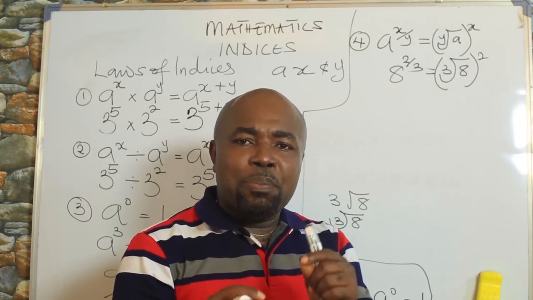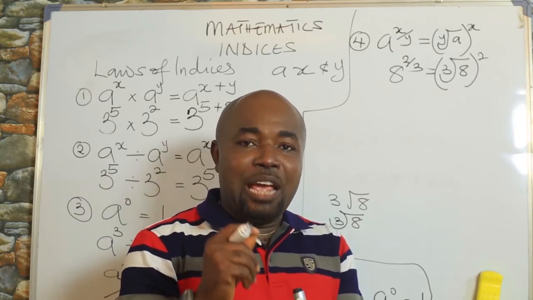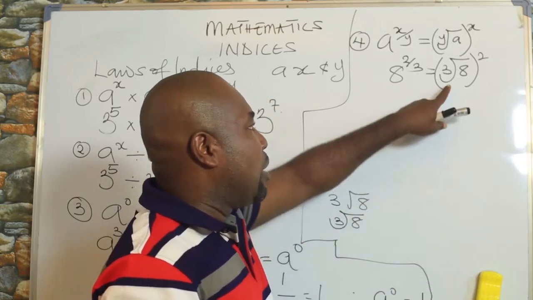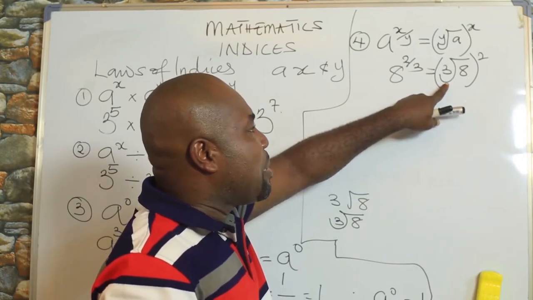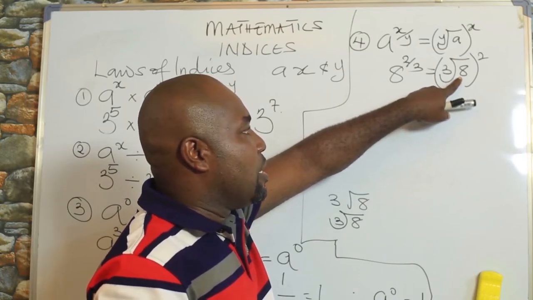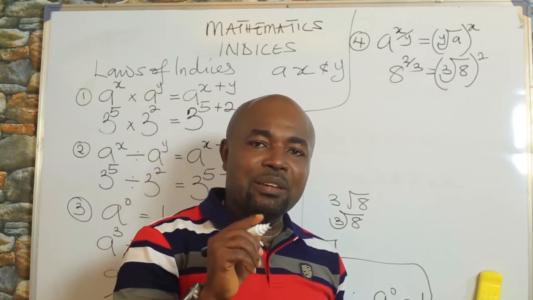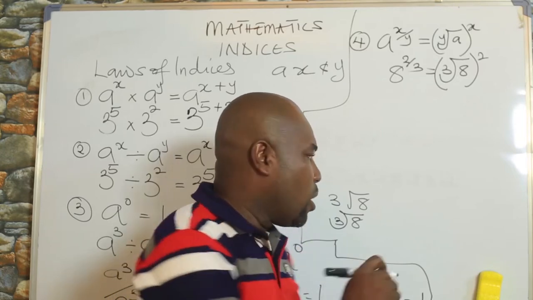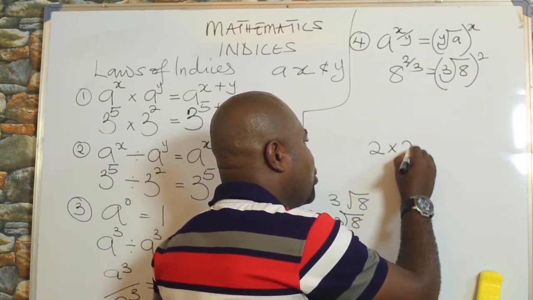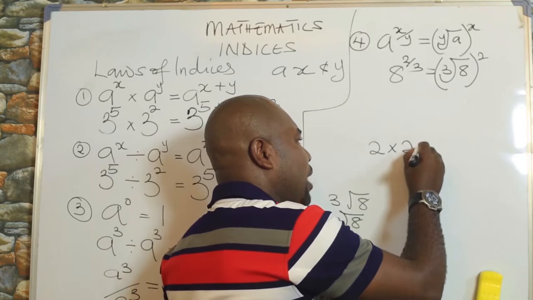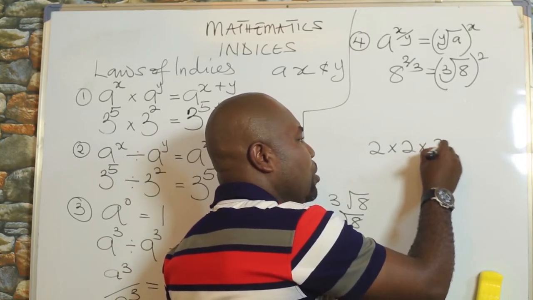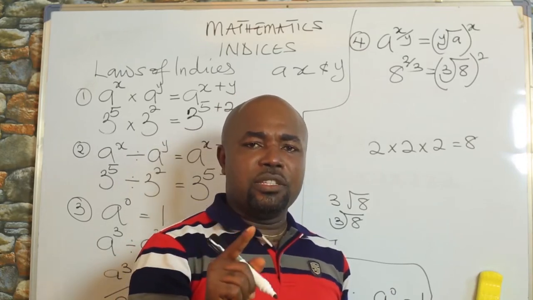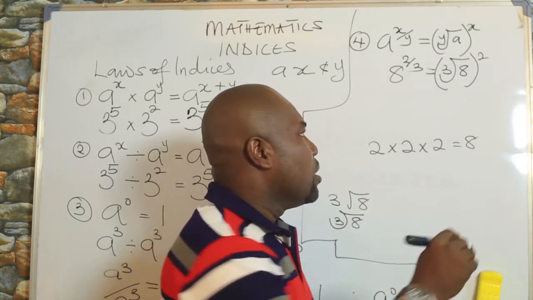The number we multiply by itself 3 times to give us 8 is 2. 2 times 2 is 4, 4 times 2 is 8. So, the cube root of 8 is 2.